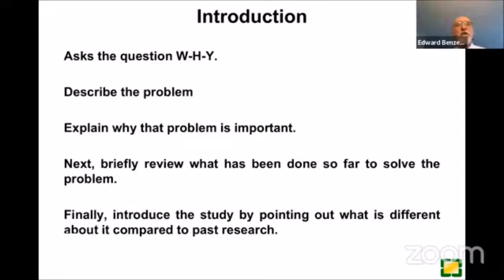The introduction asks the question, why? Describe the problem, explain why that problem is important. Next, briefly review what has been done so far to solve the problem. And then finally, introduce the study by pointing out what is different about it compared to prior research.